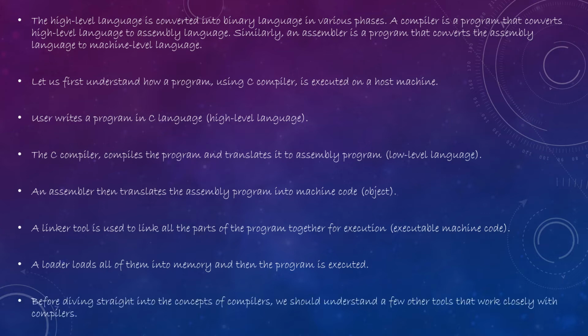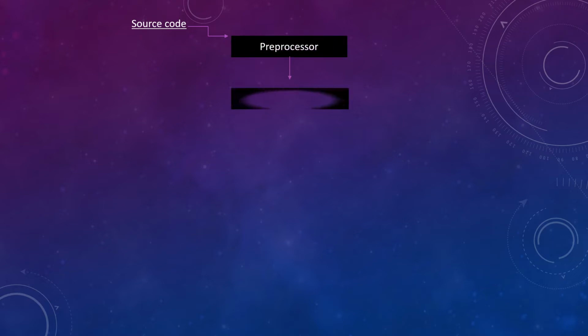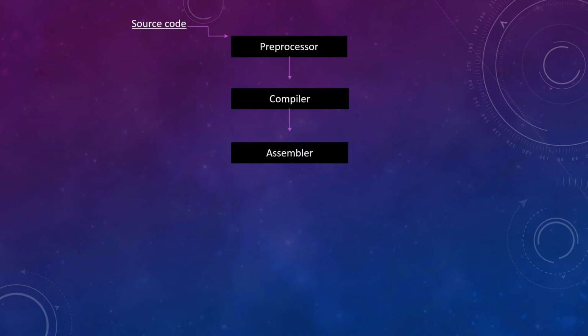Before diving straight into the concept of compilers, we should understand a few other tools that work closely with the compilers. So here we have the source code, right? The source code is first taken by the preprocessor, then it goes into the compiler. The compiler converts the high level language, and the assembler converts assembly to machine code.